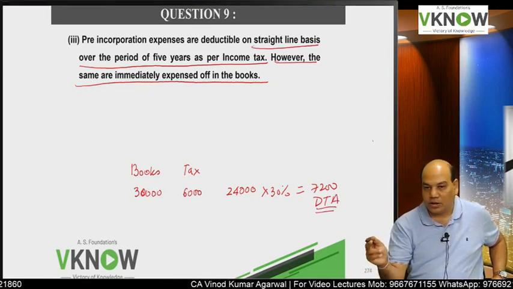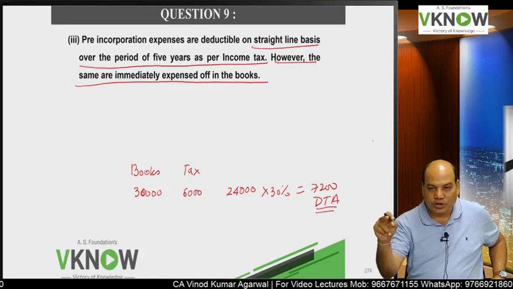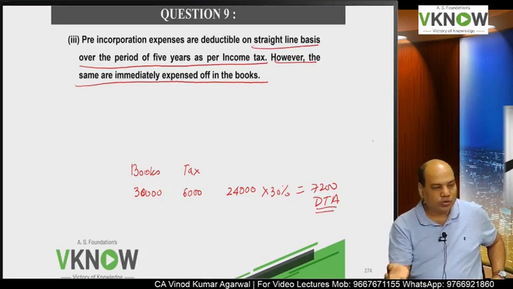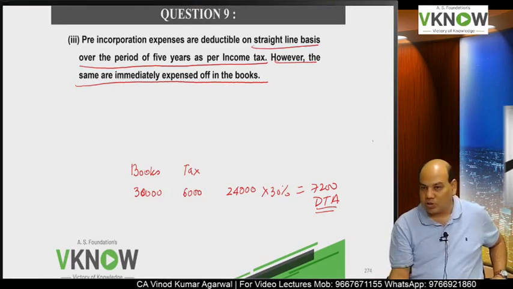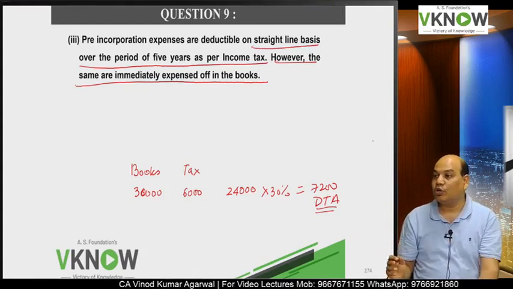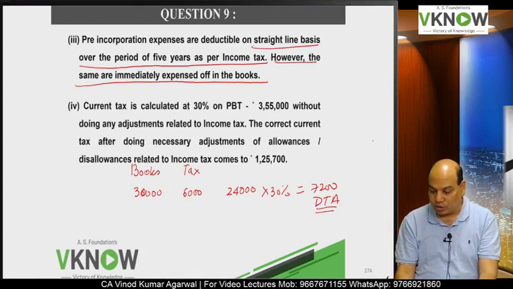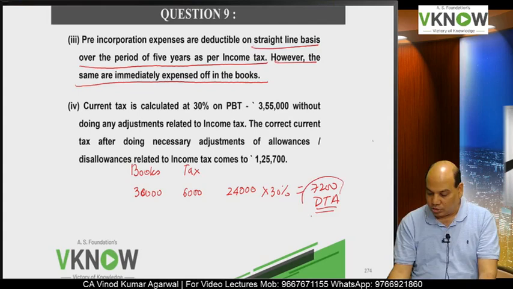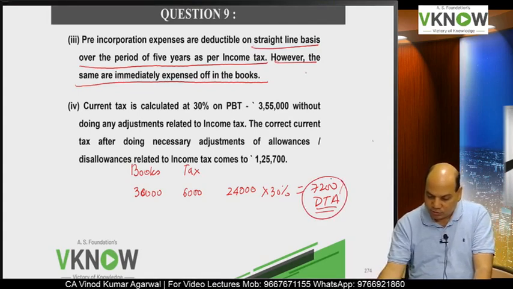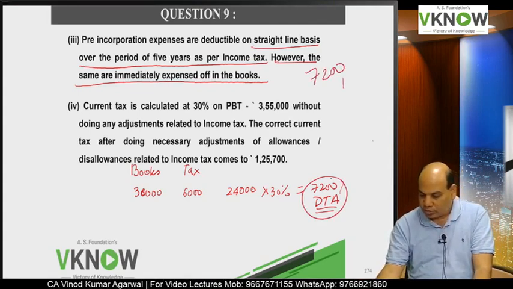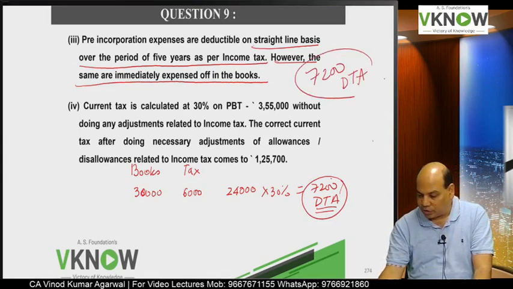But have they provided for this DTA in their books? No, because only 6,000 is provided, which means the other deferred tax adjustment they have not done. So we will do it. 7,200 DTA we have to provide for this item.